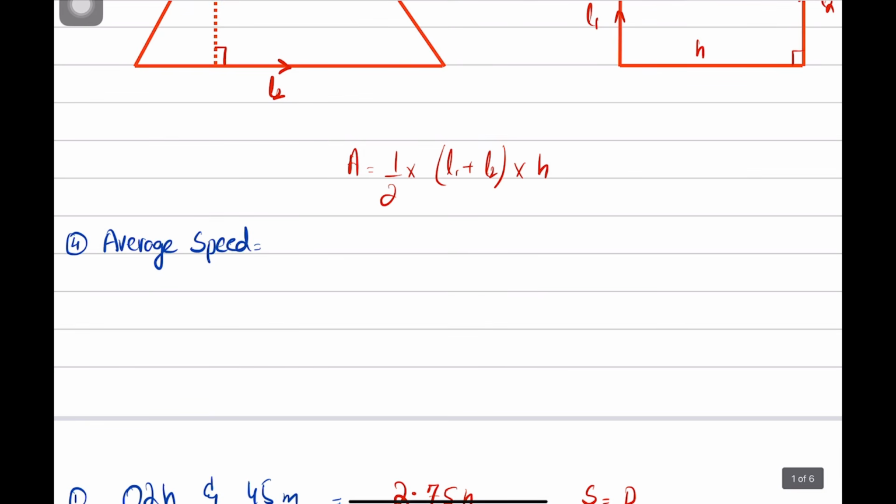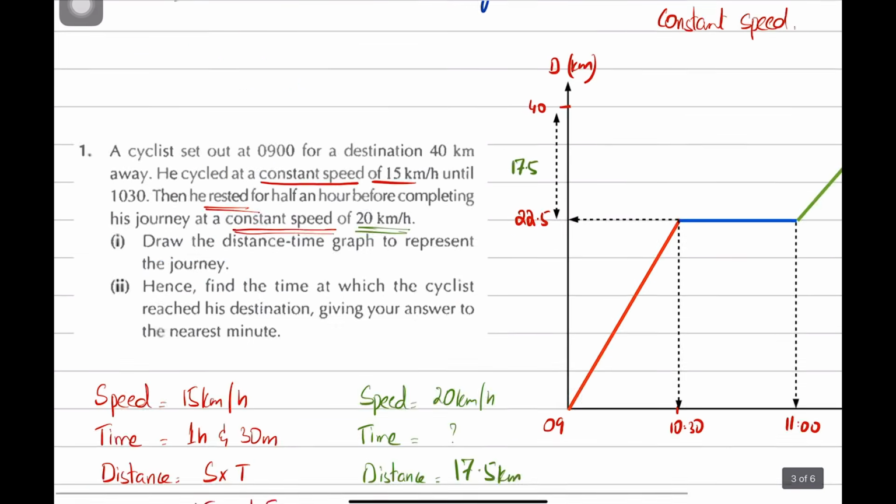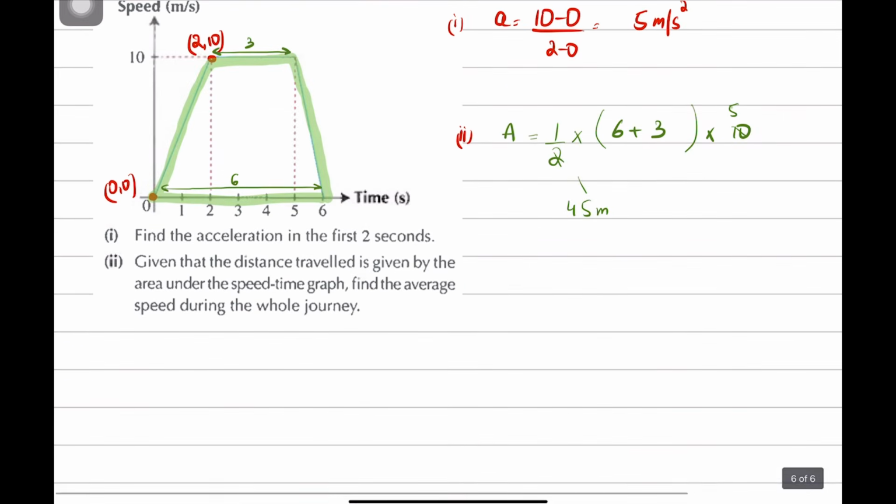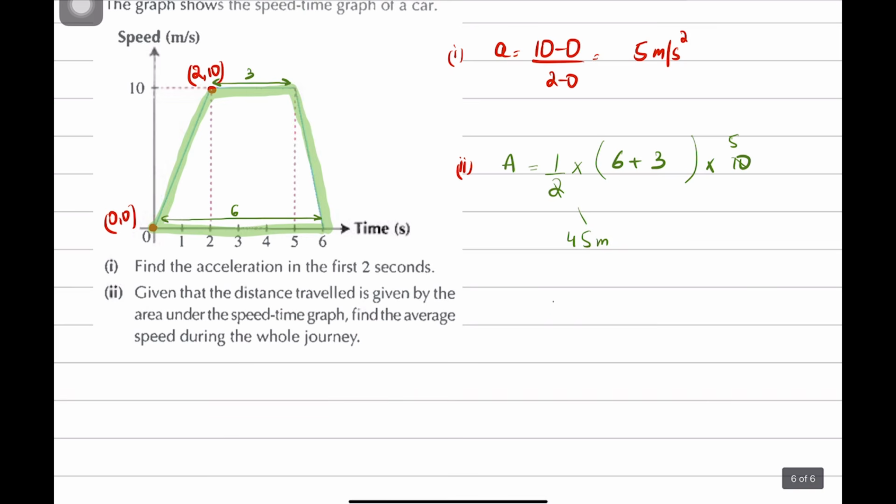So average speed equals to, I'm just kidding, I totally forgot about it. Total distance upon total time. It doesn't matter whether speed was constant or not, or whether the object was accelerating or decelerating. So we have the total distance, that's 45. What about the total time? Do we have that?